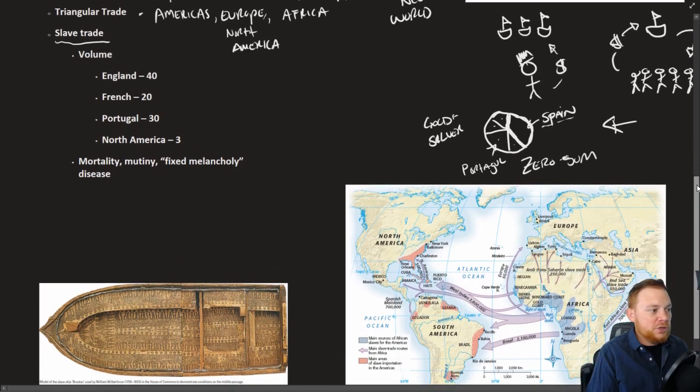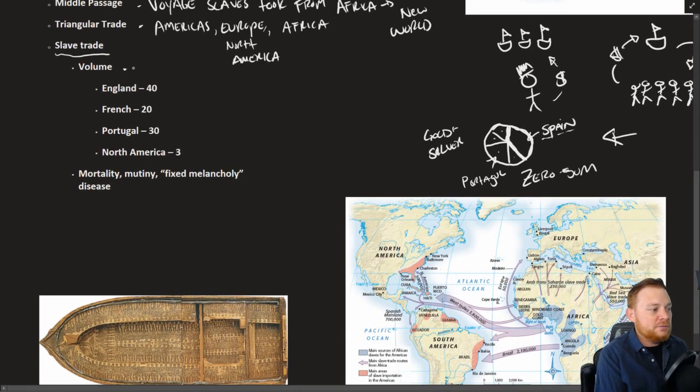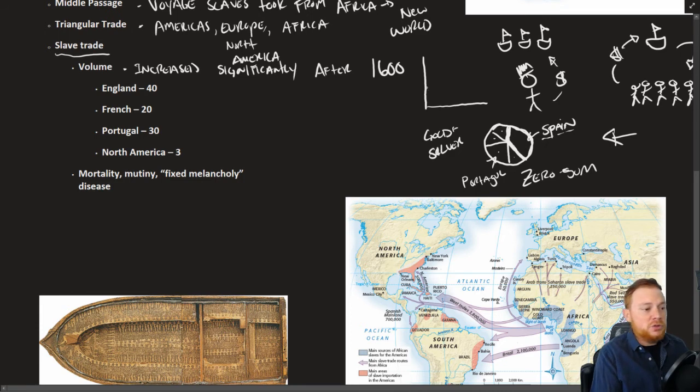In terms of looking at the volume, we could say that the volume increased significantly after 1600. If you had looked at a graph of the number of slaves that were brought to the New World, it might look something like that.